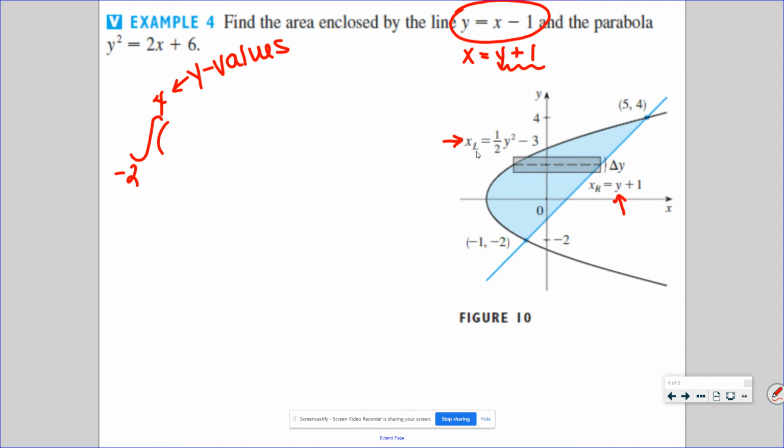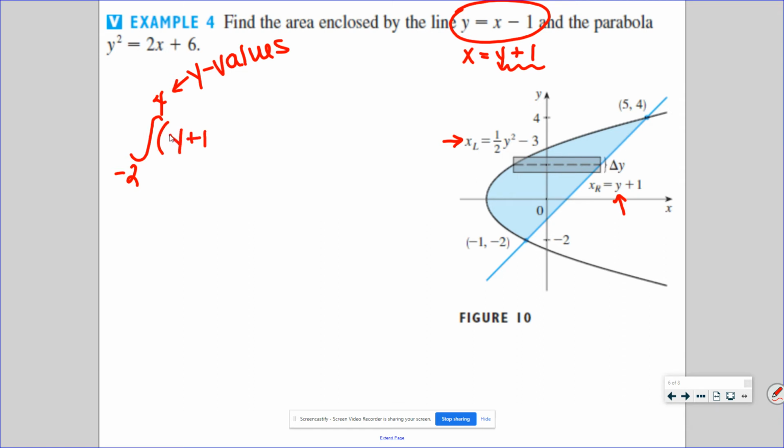It says XL, that just means the left graph. XR means the right graph. They've already gone ahead and taken these equations from up here and solved them for x, which is very helpful. So we're going to use that. And what we're going to do is take the right side minus the left side because we want the positive number minus the negative number, okay?